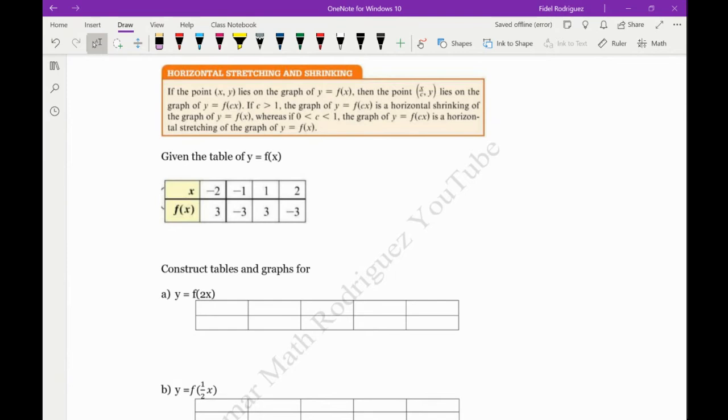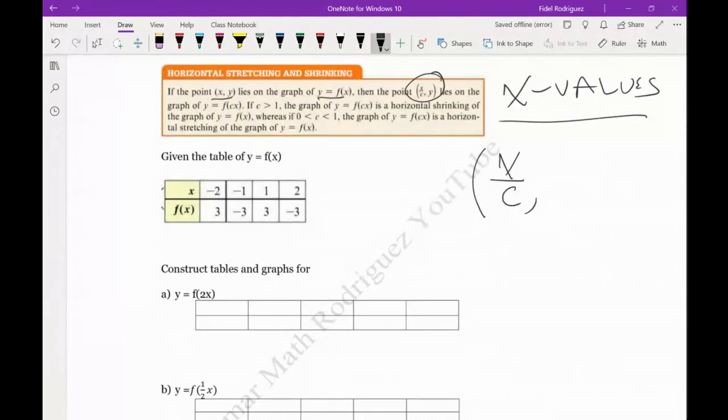So the first thing I see here is horizontal stretching and shrinking. This tells me what's going to change are my X values, okay? So let's take a look, and it says, if the point (x, y) is on my graph, look at the point that's going to be on my graph now. It's going to be (x divided by c, y).